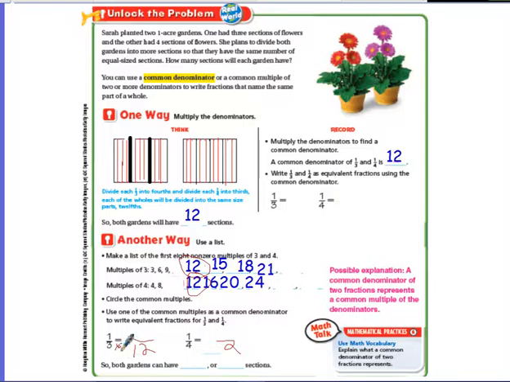So I have to do that to my numerator, which makes this a 4. And 4 times 3 got me to 12, and 1 times 3 equals 3. And now I can just add those together because I have a common denominator, and I get 7 twelfths.